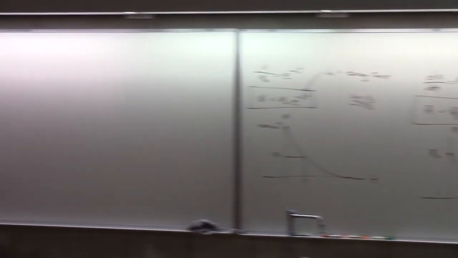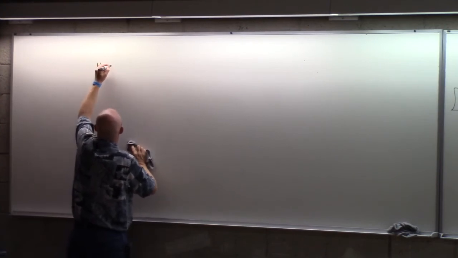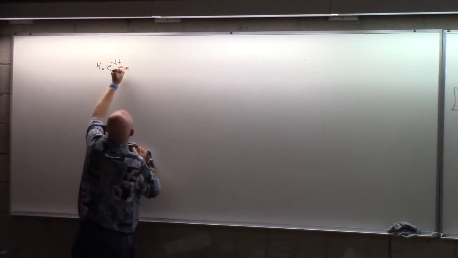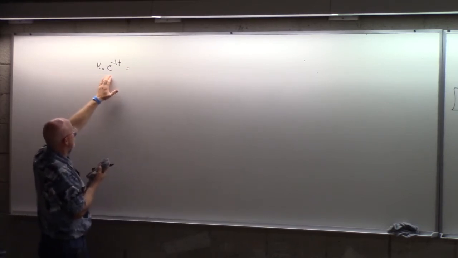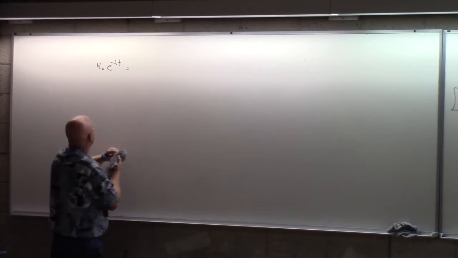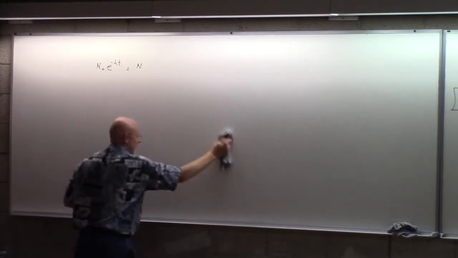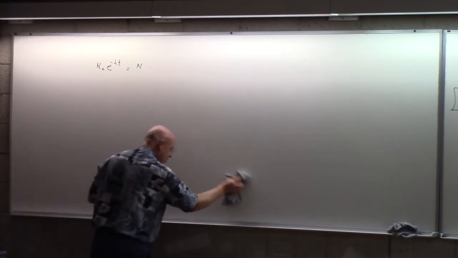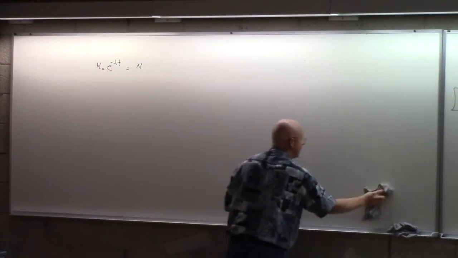Why don't I start with saying, all right, I have a certain number that I start with. They're going to diminish according to this decay equation. And I will then have this many. And if I ask that question, how much time will it take before I have half of them?